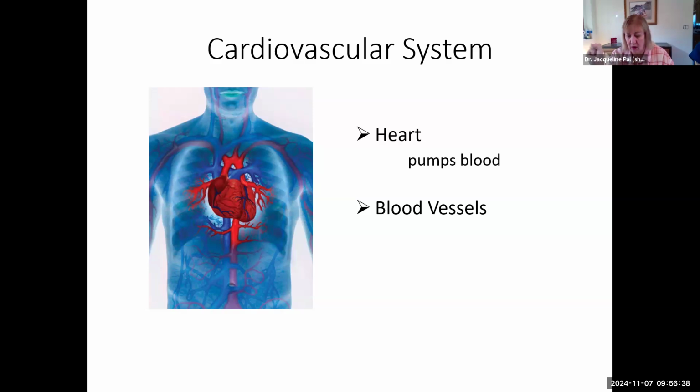It's the power behind the blood. Without the heart pumping it, the blood would not be moving around our body. The blood vessels basically are the pathways, the roadways that the blood is being transported in. Okay? So they must work together.